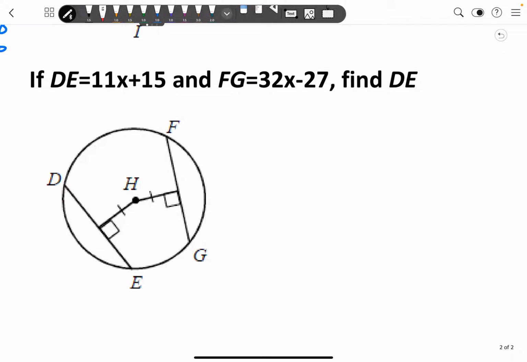We're going to do: if DE right here is equal to 11x plus 15, and FG is equal to 32x minus 27, find DE.